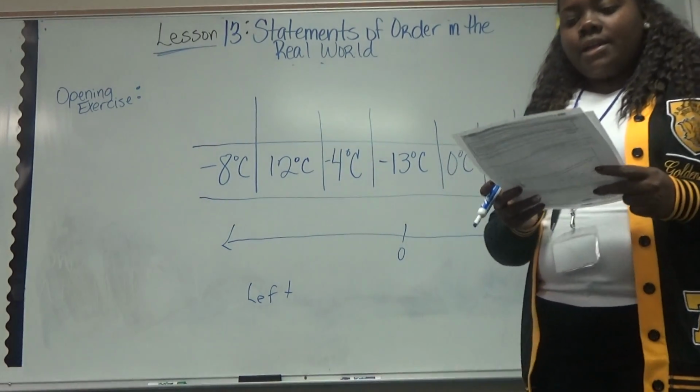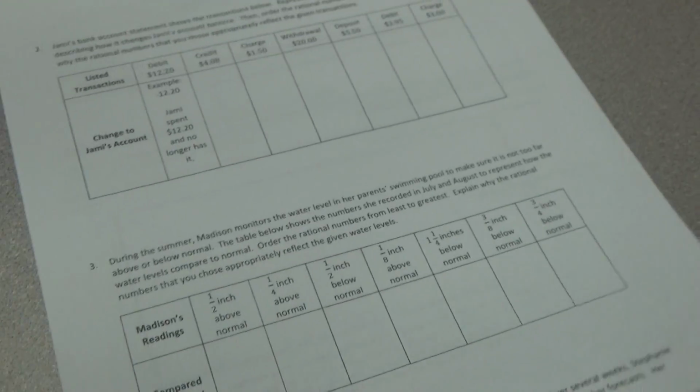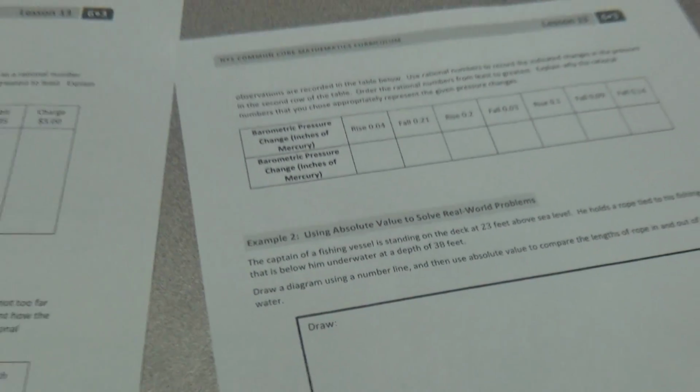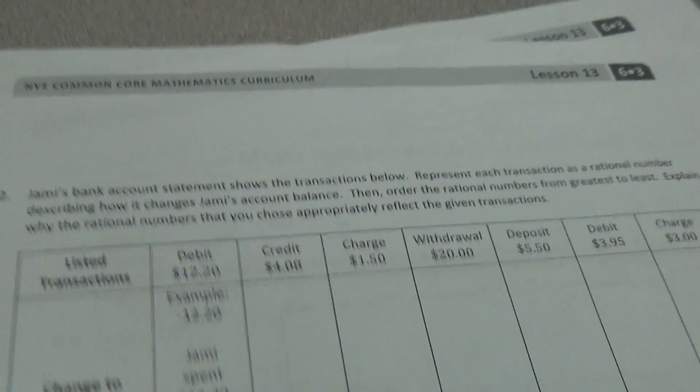So when you turn the page, on numbers 2 through 4, make sure that you do the exact same thing. You're going to read the scenario. It's a real world example. You're going to tell what those rational numbers would be when you look at it.